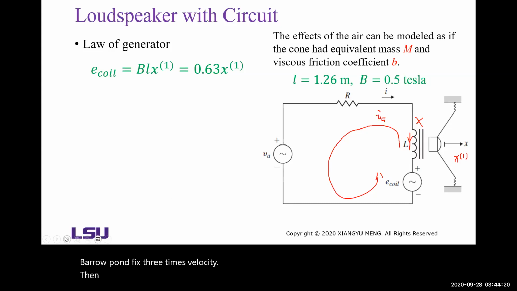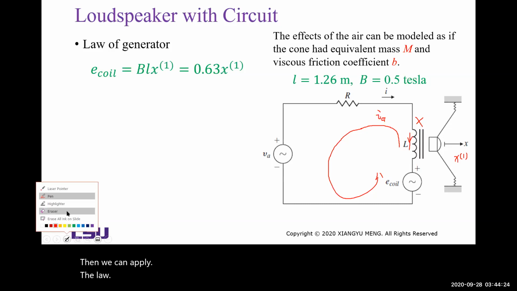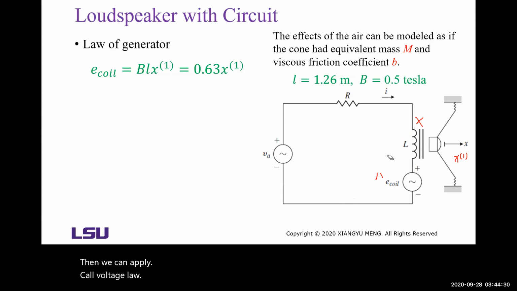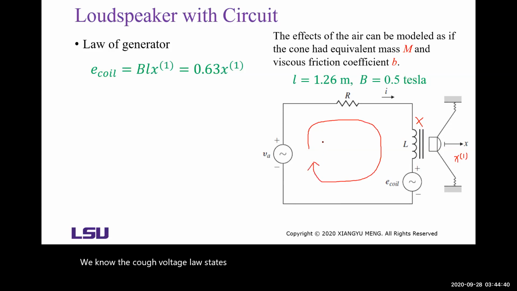Then we can apply the Kirchhoff voltage law. We know the Kirchhoff voltage law states that in a closed path, the sum of all voltages is 0. Then let's first change everything into impedance. So the inductor will be Ls.